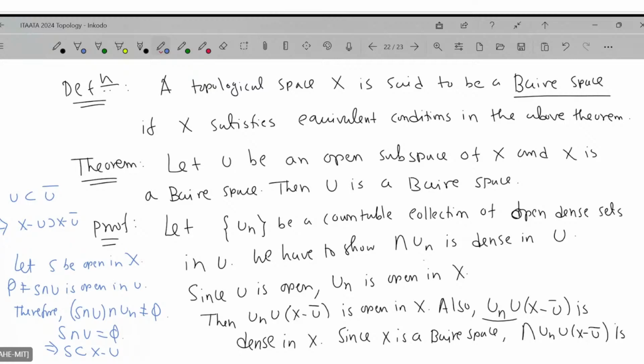Check whether if it is dense, then that too will work. Okay, this too will work. You have to think a little bit whether it is working or not.